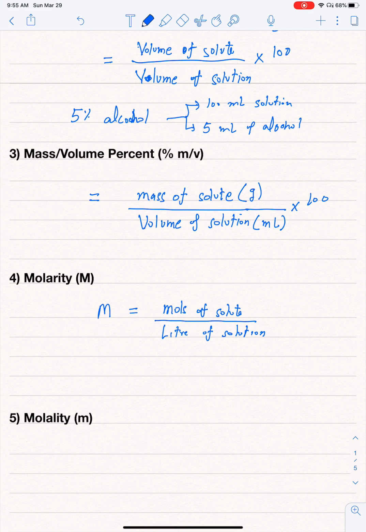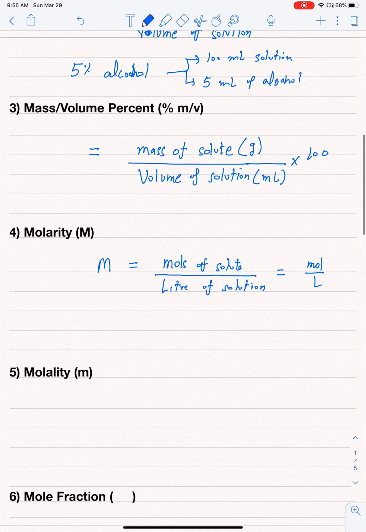So your solution must be in liters in that case. Sometimes you're going to see molarity written as moles divided by liters, so keep that in mind. It's one of the most common ways of measuring concentrations in chemistry. A lot of the time you're not going to be given the moles of the solute. You may be given the grams of solute, and if you are, you have to first convert the grams of solute into the moles of solute before you can figure out the molarity.